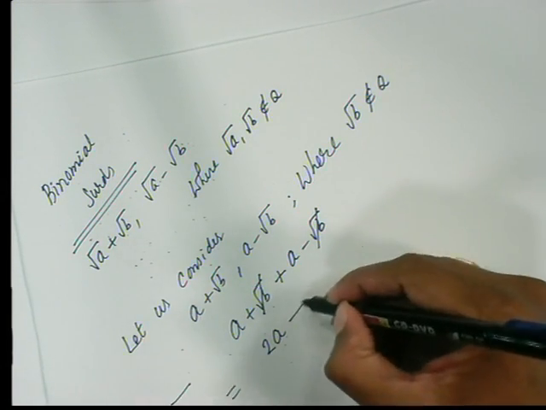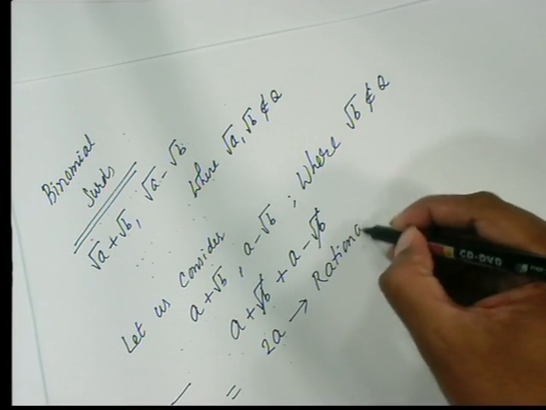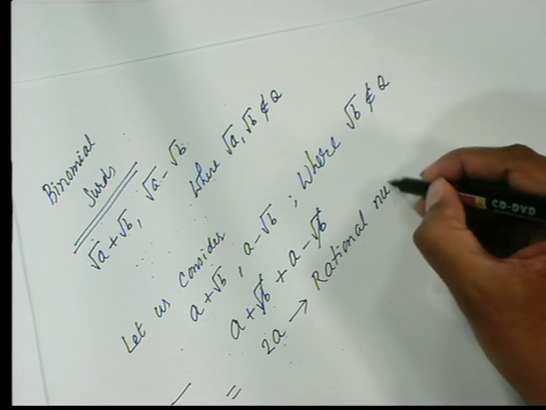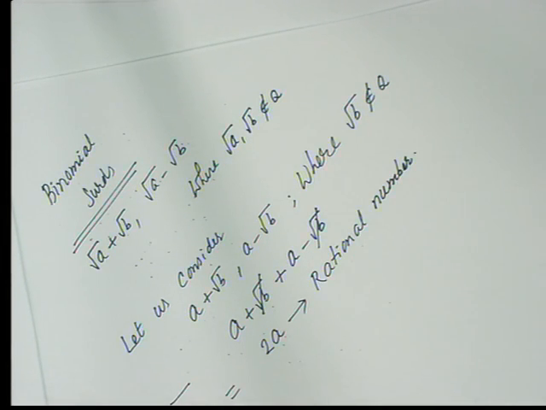So what do you observe? We observe that the sum of a plus root b and a minus root b is a rational number.